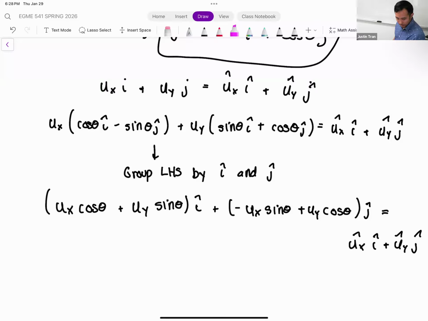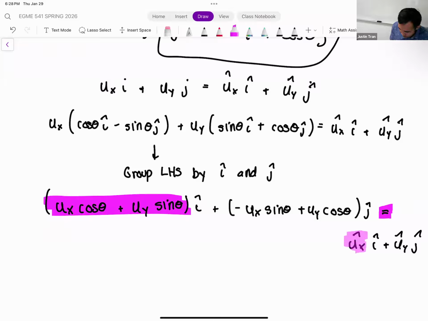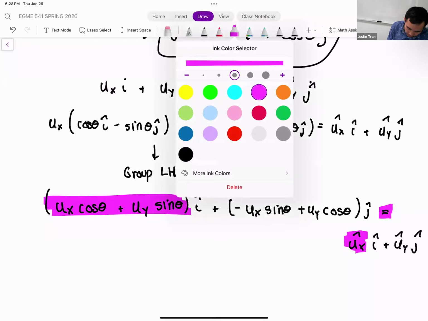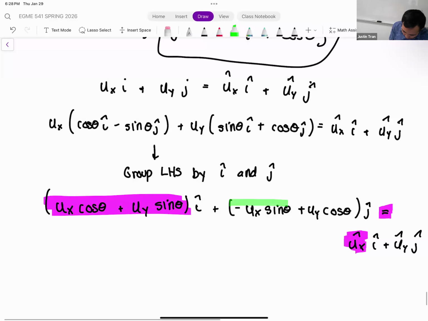All right. So in this form, we basically have two equations, because in order for this equality to hold, we're saying that the left-hand side is equal to the right-hand side. So all of the I hat terms on the left-hand side have to equal the I hat terms on the right-hand side, okay? And by that same token, everything that's multiplied by j hat on the left has to equal the j hat terms on the right-hand side as well.